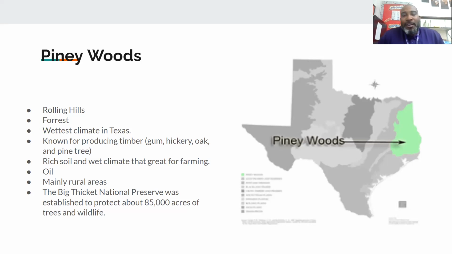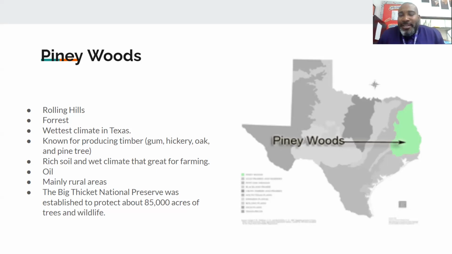And because it's great for farming, historically, the people of the Piney Woods have cut down trees to farm. They did that at a terrible rate, which caused a lot of deforestation, so the government had to step in to protect many of the trees.